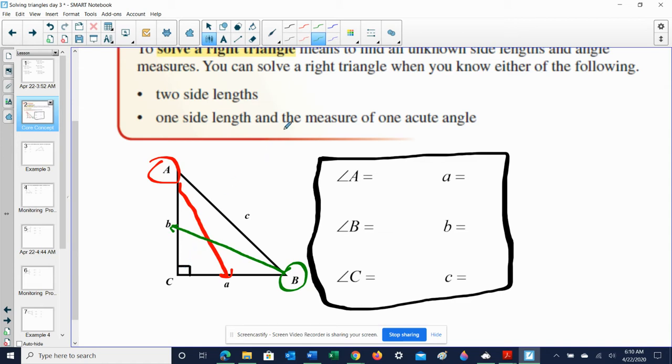And opposite angle C is side c. That's where I get a, b, and c. That's just a way to name the sides without having to use the two letters. It's still side AB, BC, and AC. So let's take a look at a problem, how this actually works.